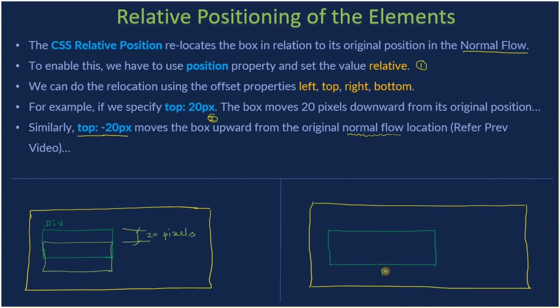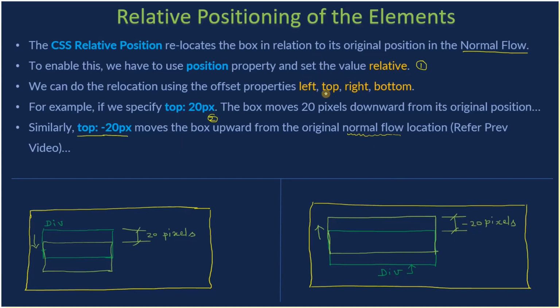If this is the location of the div tag in normal flow, the moment you set top minus 20 px, position relative, the box will move upward. So in relative position, the movement is downward when you specify 20 pixel. Here the movement is in upward direction when you specify minus 20 pixel.